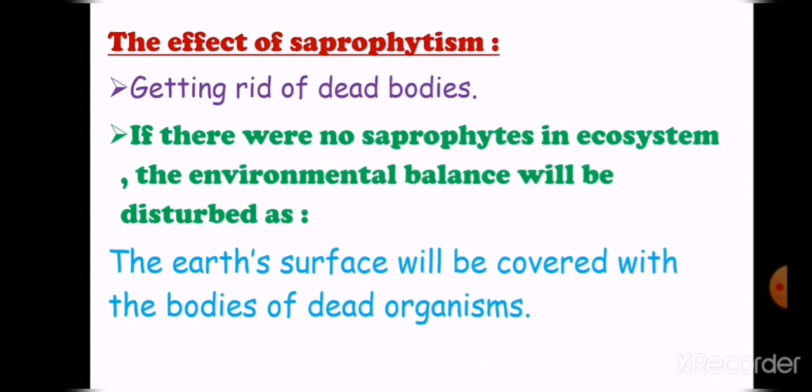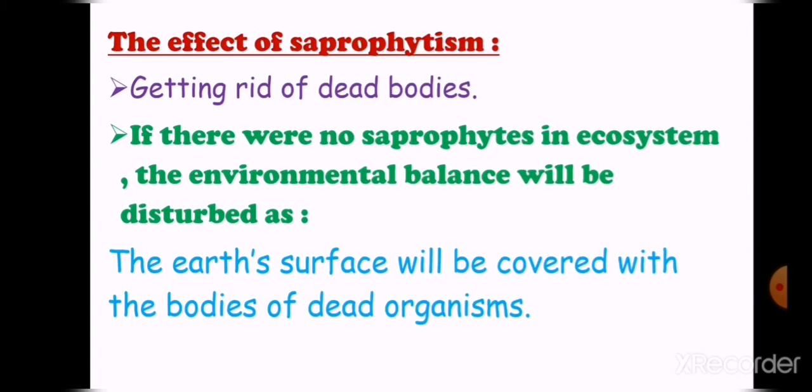You know that saprophytism is a food relationship where the decomposers get their food by decomposing the dead bodies or the decayed remains of food, the rotten food. So the saprophytism relationship helps the ecosystem to get rid of the dead bodies.